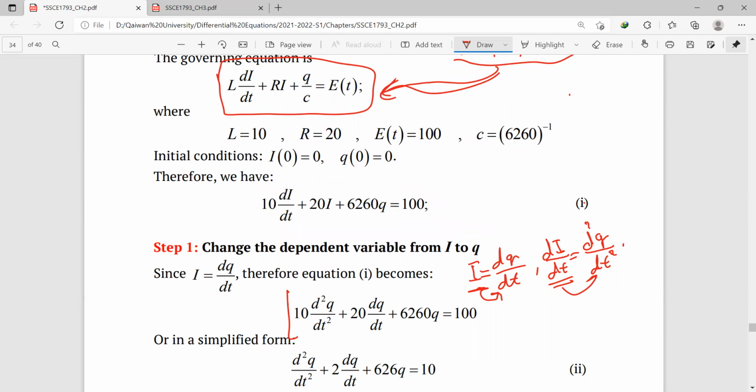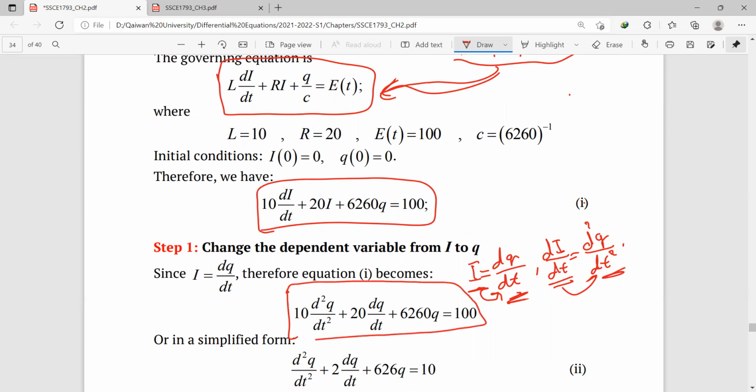Now, to solve it for q, we must replace i and di by dt by these two derivatives. We replace di by dt by d squared q by dt squared, and then we replace i by dq by dt, and we get this differential equation.